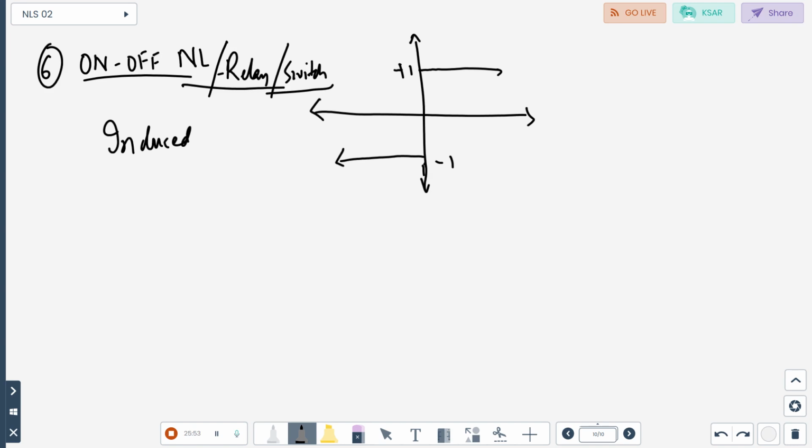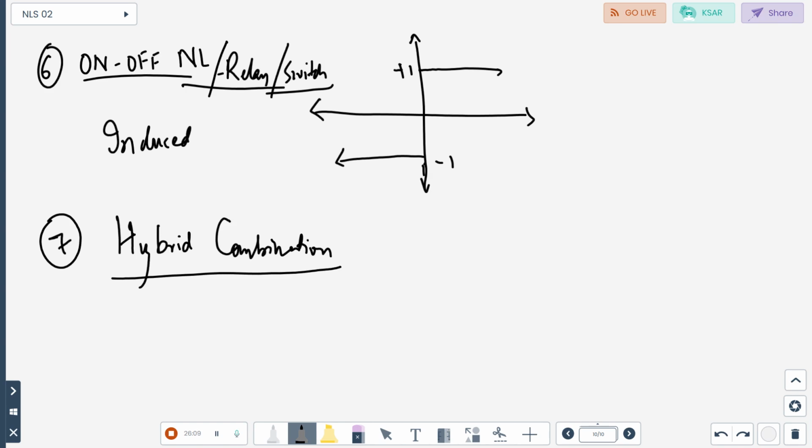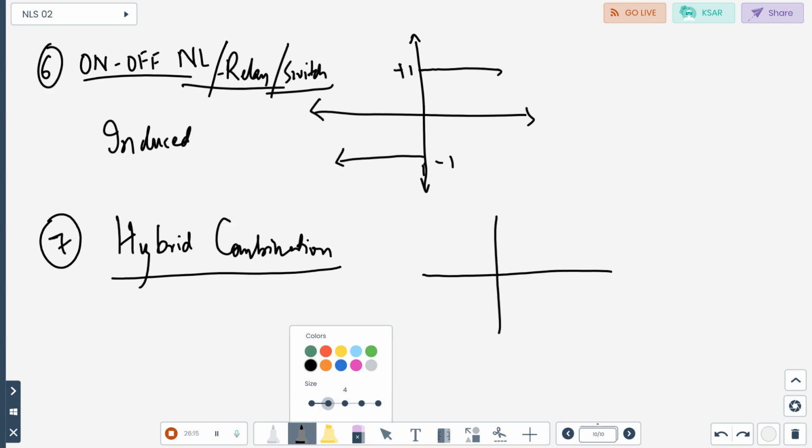So these are the commonly occurring nonlinearities that we'll be encountering. And seventh, you can have a combination of these nonlinearities. For example, saturation and dead zone. It will look something like this. So this here represents your dead zone, then this was your output, then it can be saturated as well.